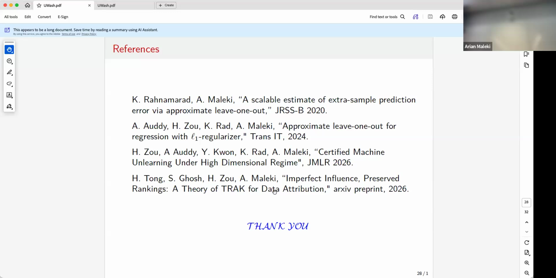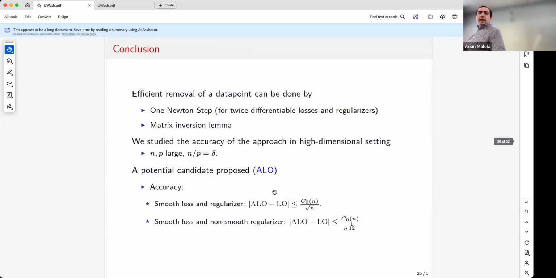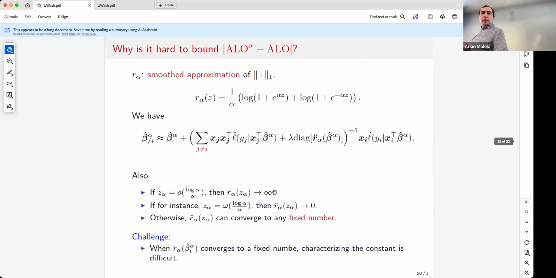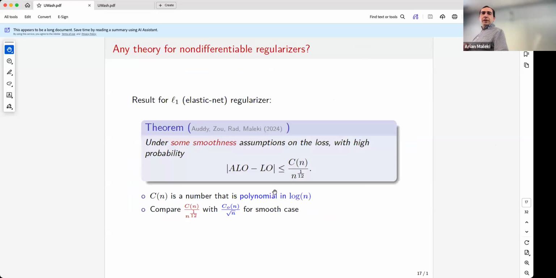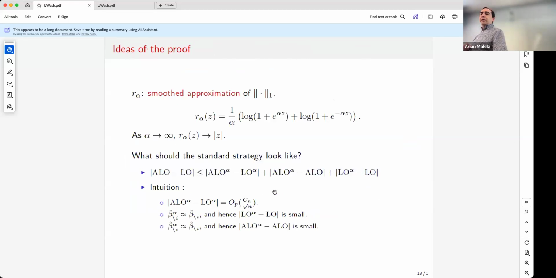Even in our proof, some of the things that we have proved here are based on smoothing the lasso and then trying to see what happens when I change the smoothness. But even there, we have this issue about the level of the smoothness.